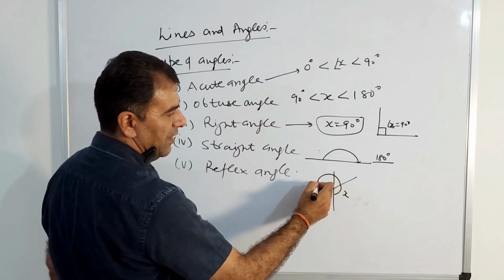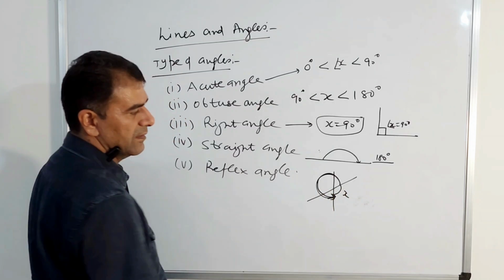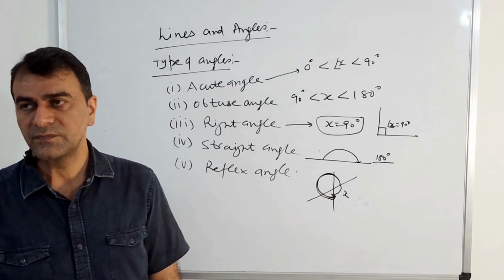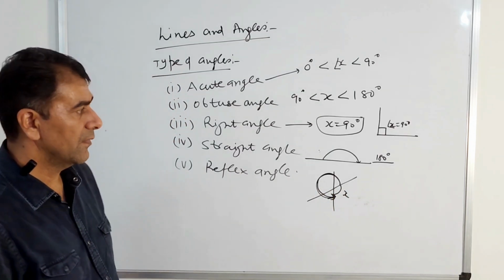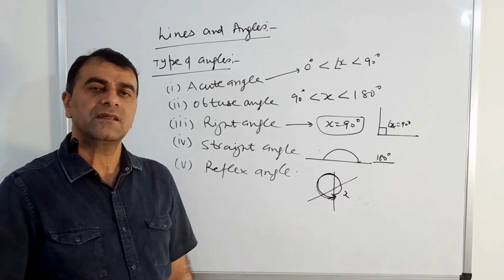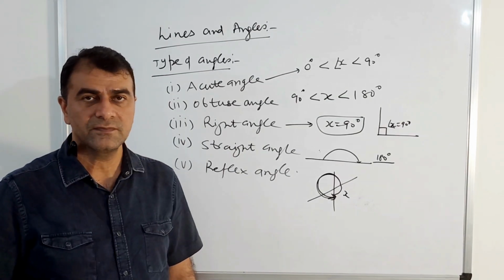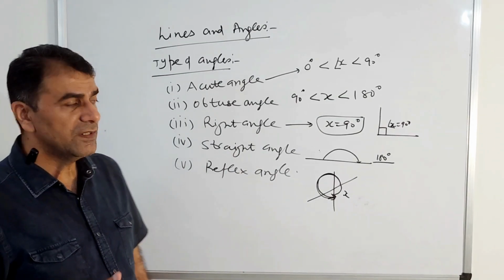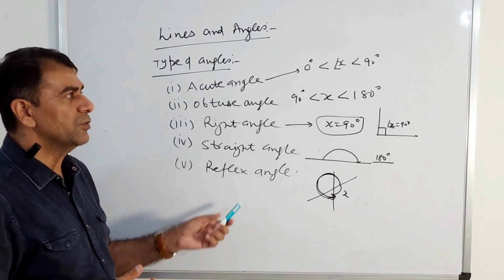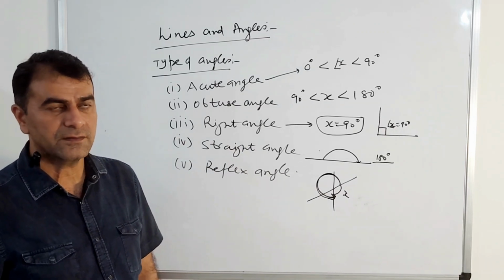Then the remaining angle from here to here is called the reflex angle. So a reflex angle is nothing but 360 minus the given angle. Fine. So these are the types of angles which we'll be using in our exercise of lines and angles. Very simple.